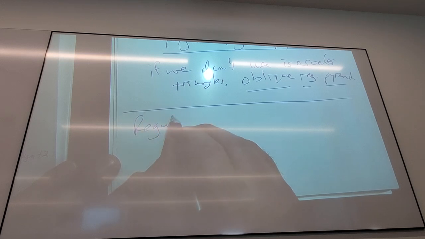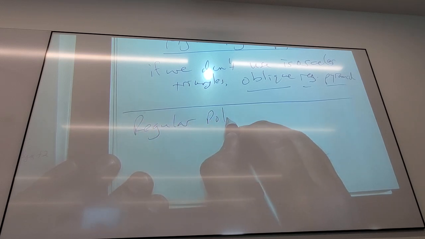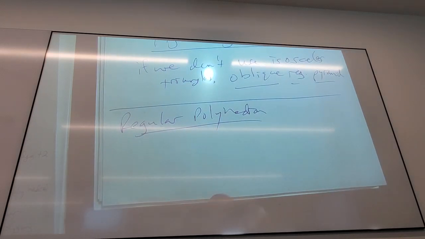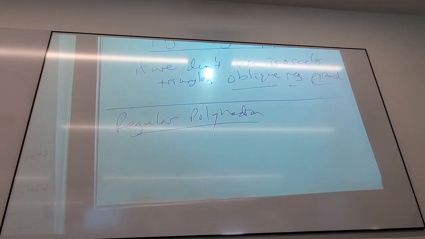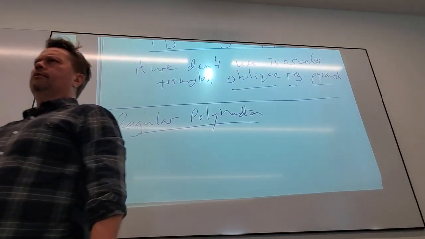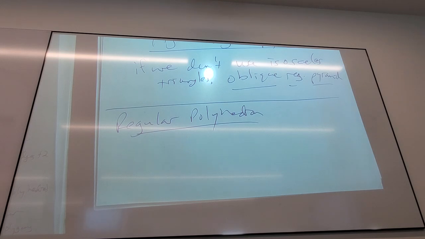There's a classification of polyhedrons. We call them regular polyhedrons. So a regular polyhedron. Can anyone guess what's got to be true about this? So polyhedron in general is any enclosed space where every face is a polygon, right? What do you think a regular polyhedron is?